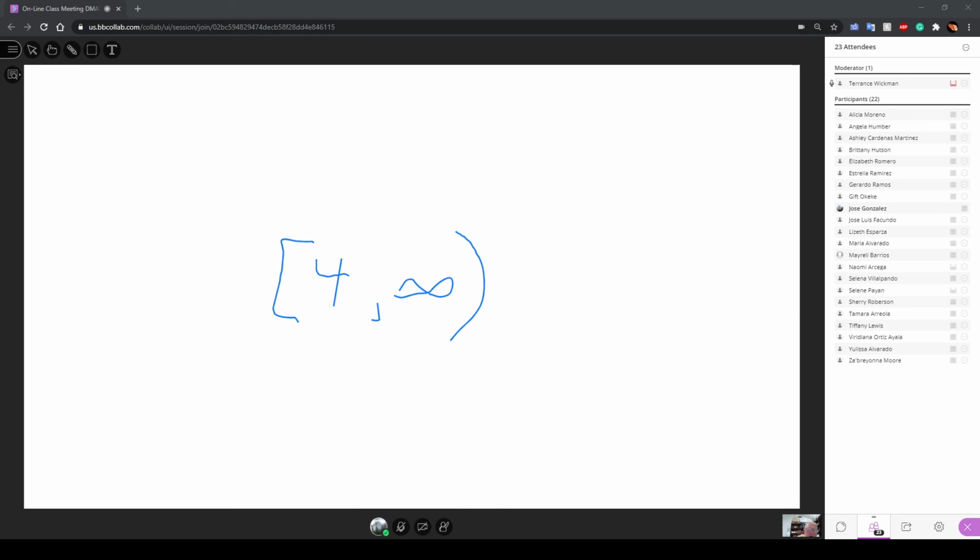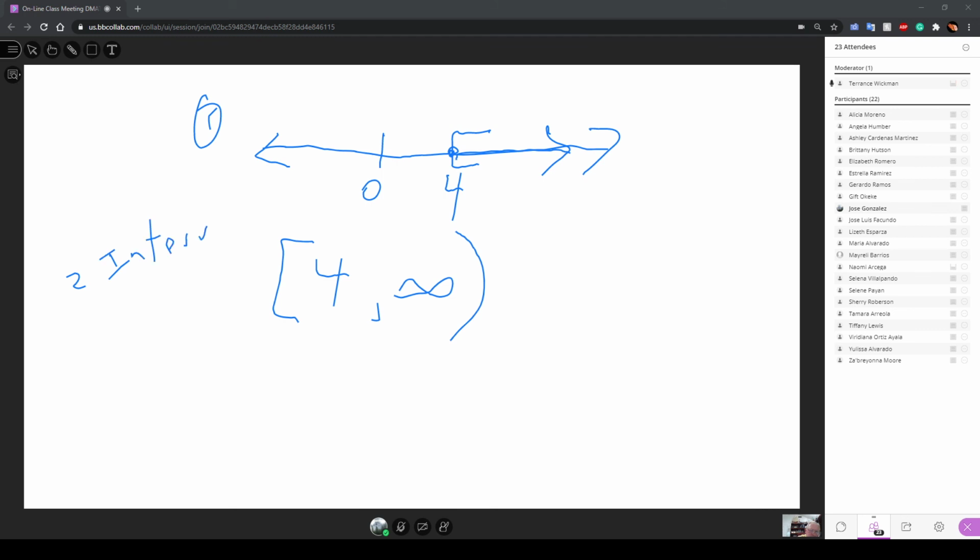Now, graphical notation, being this is 0 and this, let's say, is 4. You use a bracket, and it goes on, and you draw your line here and put an arrow. This is graphical notation. This is called interval notation.